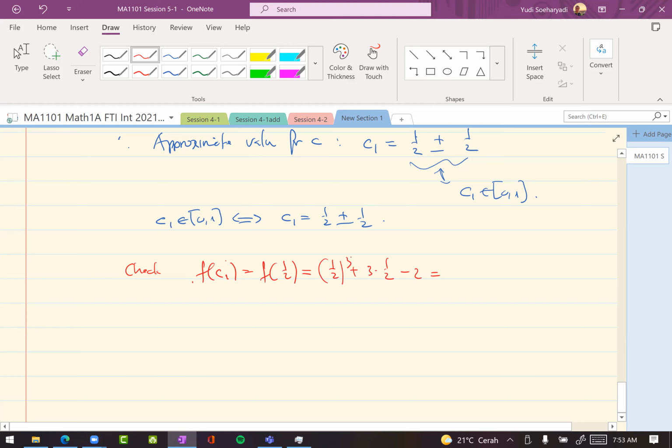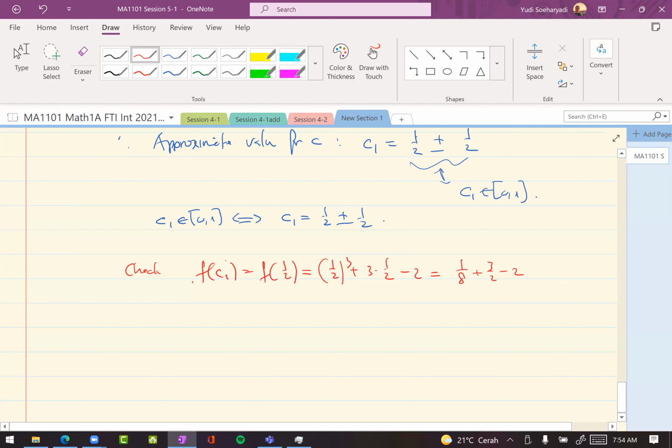Okay, so this is (1/2) cubed plus 3 times 1/2 minus 2. So what do you get here? This is 1/8 plus 3/2 minus 2. We don't need the exact value, but we should be able to decide whether it is positive or negative. So this is 3/2 minus 2, still minus 1/2.